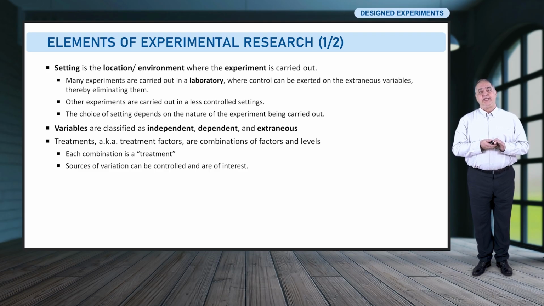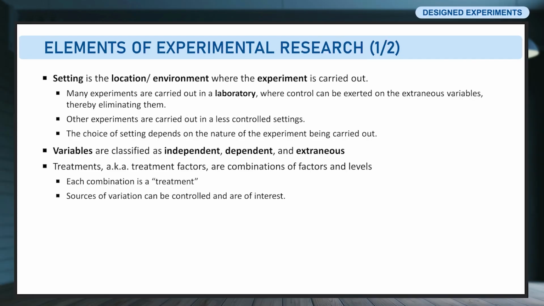What is setting? Setting is a term that refers to the location and the environments where the experiment is carried out. Many experiments are carried out in a laboratory where control can be exerted on the extraneous variables, thereby eliminating them.